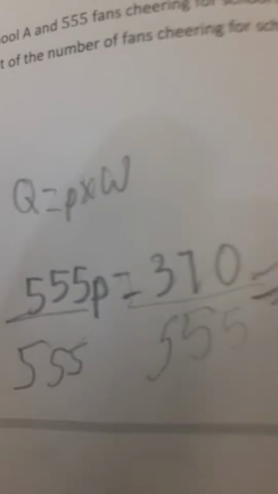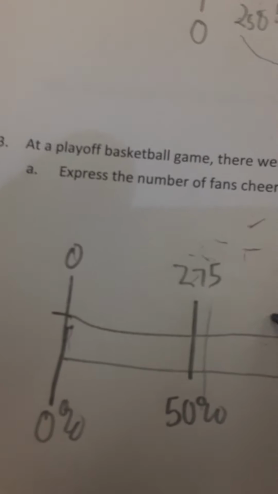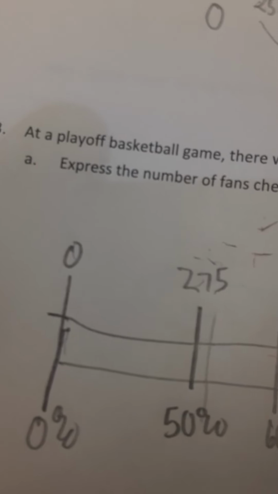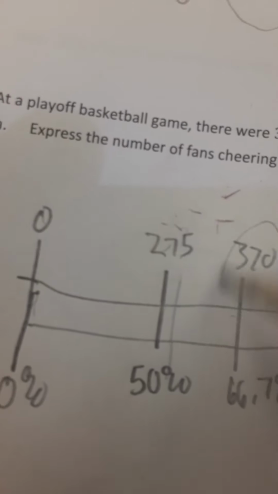So I'm going to say 667 thousandths. Times that by 100 to be turned into a percentage. So I get 66.7%. And does that fall in our range? 66.7%. Yeah, it's between that 60 and 90. And we know that equals 370.